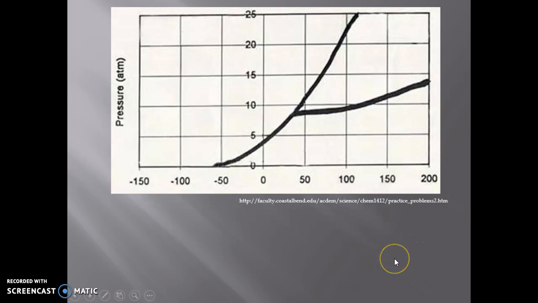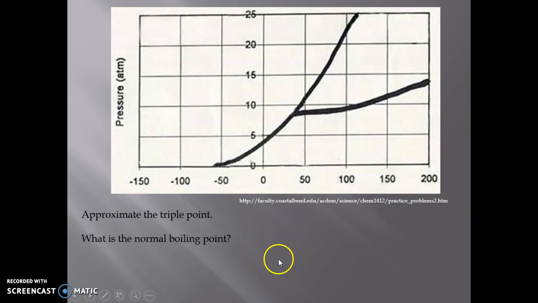Okay, so here is another graph. Let's do a little practice. If I want to know what the approximate triple point is, it's right there. So what's the triple point? About 8 to 8.5 atm and about 40 degrees Celsius.